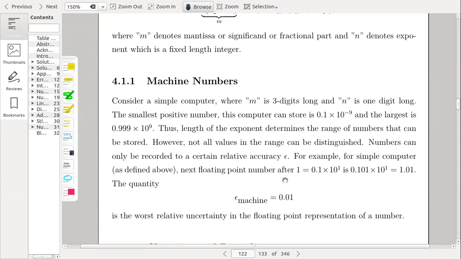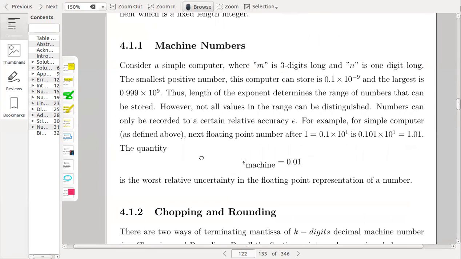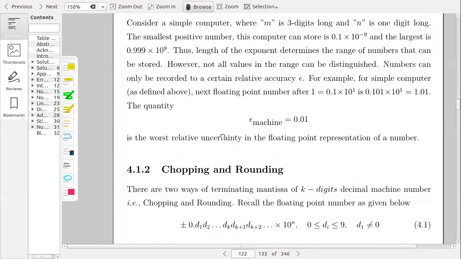If 1 is the exact value and 1.01 is the approximated value, then the discrepancy between these two numbers is 0.01, which is called the machine epsilon. It is the worst relative uncertainty in the floating point representation of a number, which is actually the difference between two consecutive numbers.